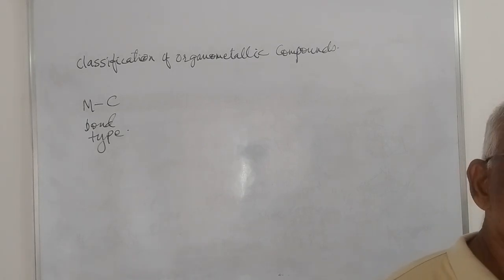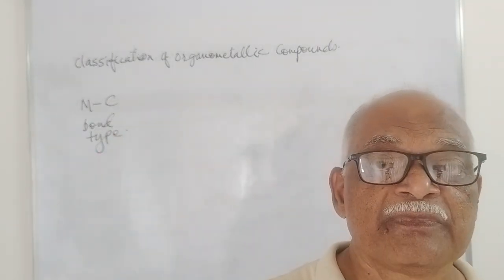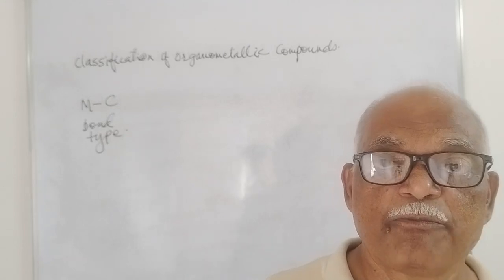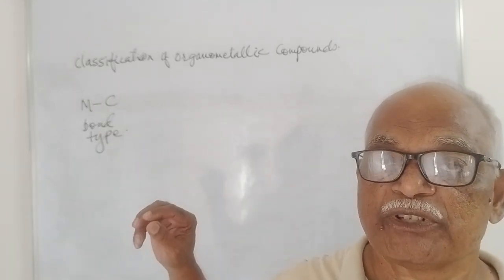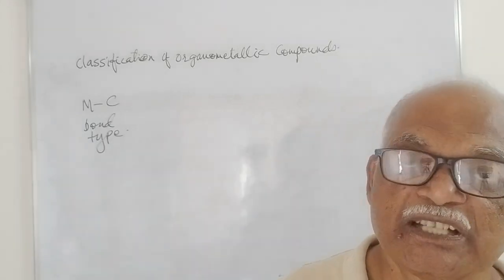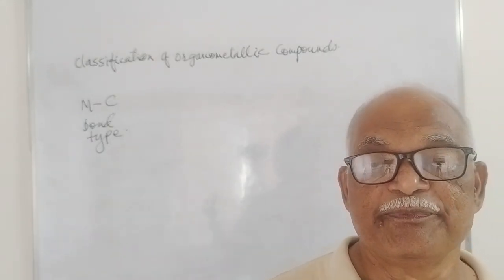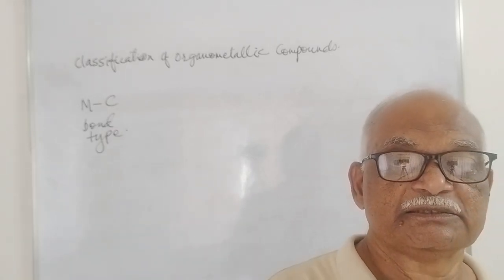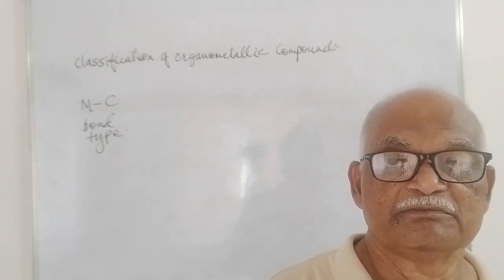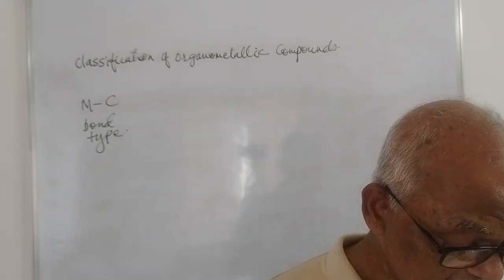The nature of the metal-carbon bond is determined by the electronic structure of the metal and the electronic structure of carbon. That will define the exact type of bond in the organometallic compound.